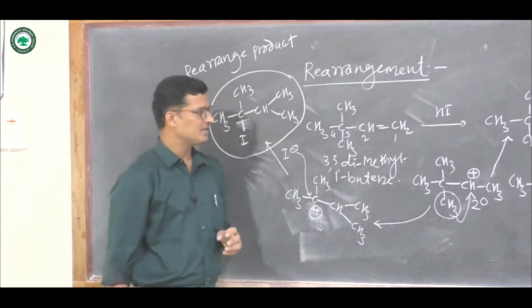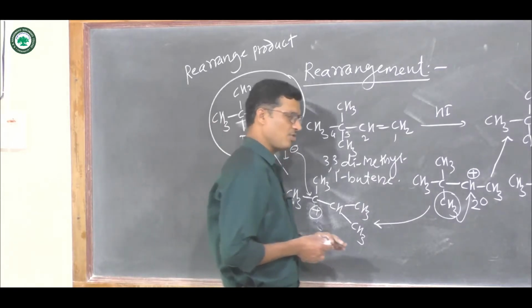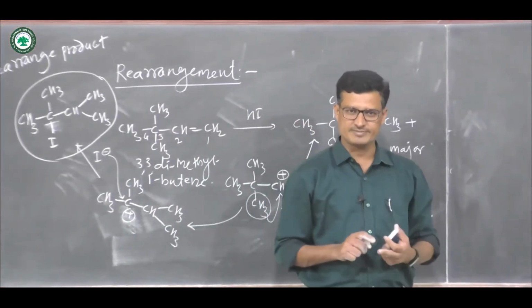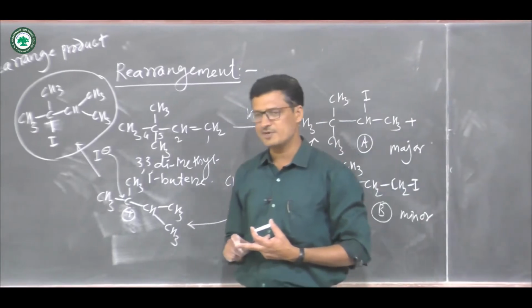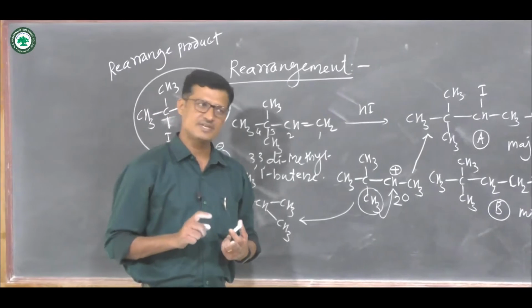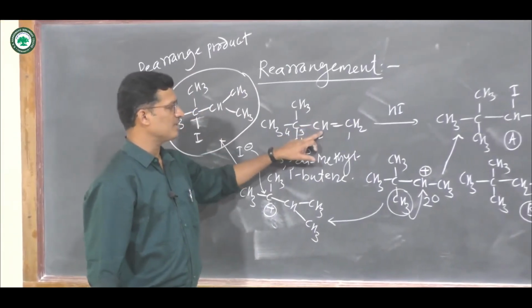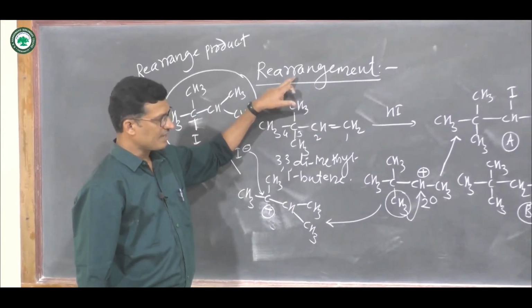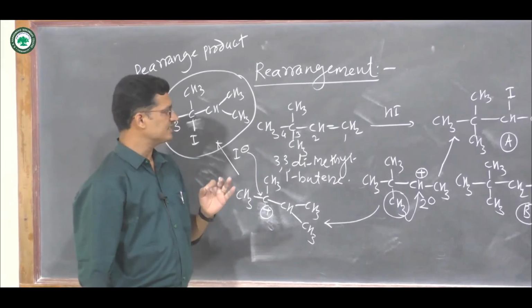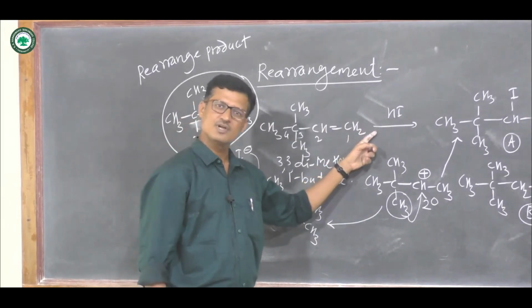It proves that in addition of HX to the carbon-carbon double bond, a carbocation intermediate is formed. And only when the carbocation intermediate is formed does the rearrangement take place. So that's why addition of HX to the carbon-carbon double bond gives rearrangement, and it indicates that a carbocation intermediate is formed in the addition of HX to the carbon-carbon double bond.